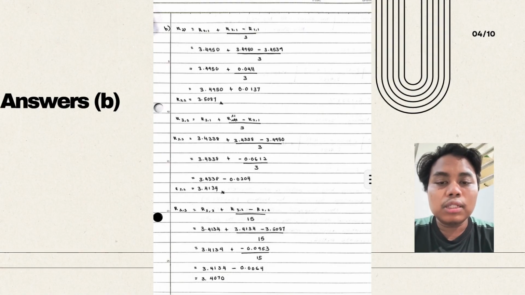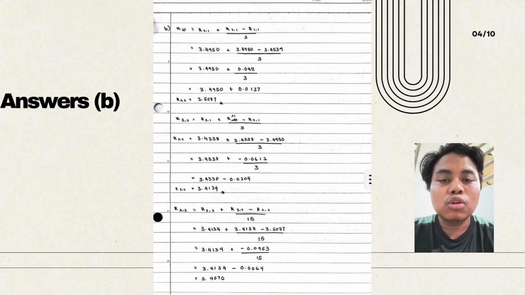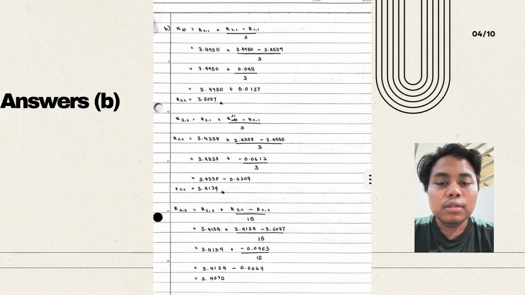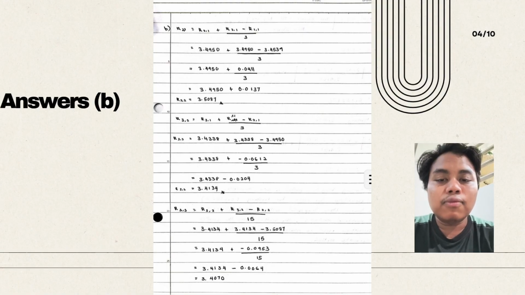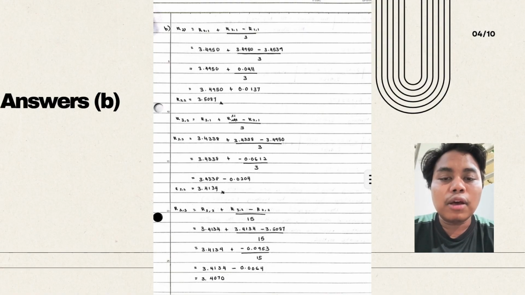For step 3, finally calculate R3,3. R3,3 equal to R3,2 plus (R3,2 minus R2,2) divided by 15. Substituting the values, 3.4134 plus (3.4134 minus 3.5087) divided by 15. The difference will be negative 0.0953.